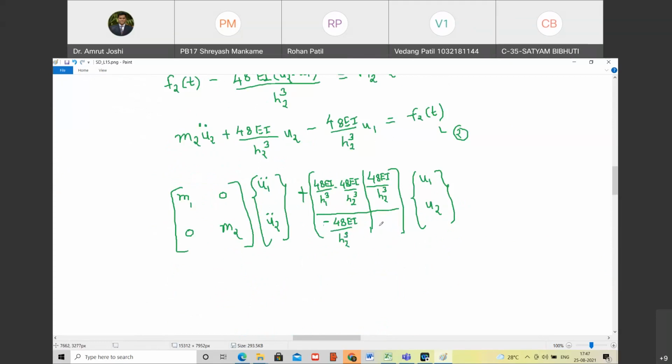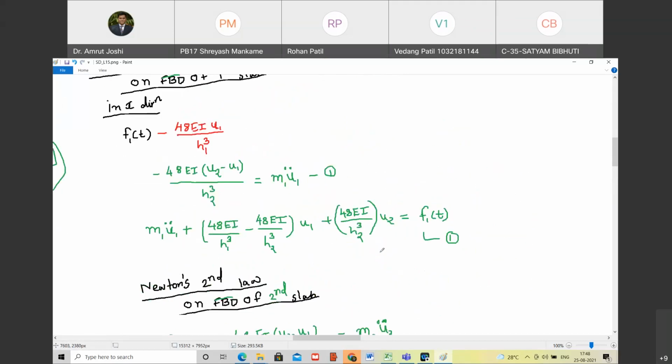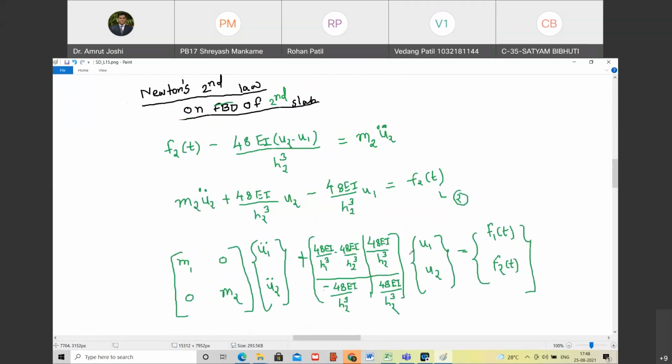And 48 EI upon H2 cube. This is equal to F1 of T and F2 of T. We will cross verify all the terms once again, but this is how we can convert this into the matrix form. Do you agree with me?